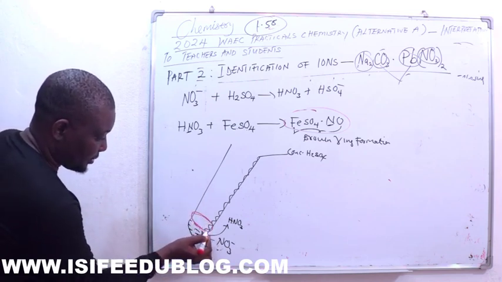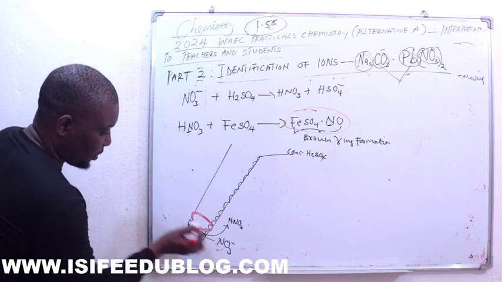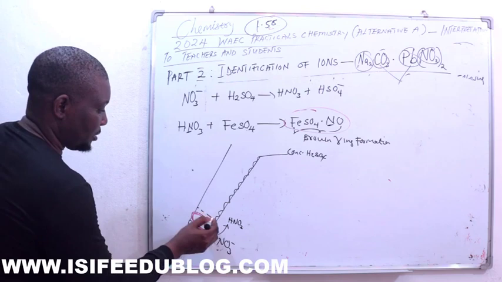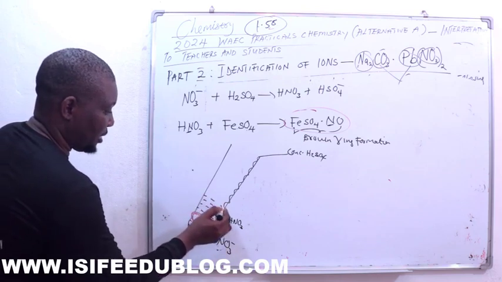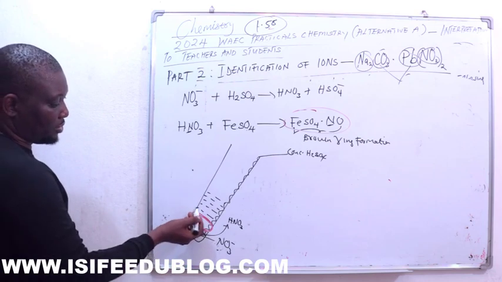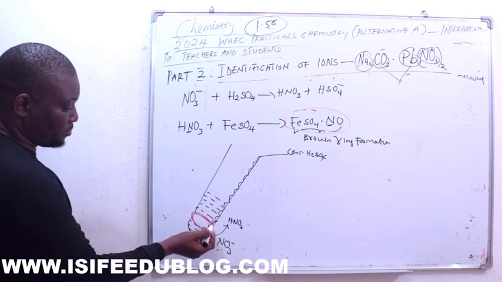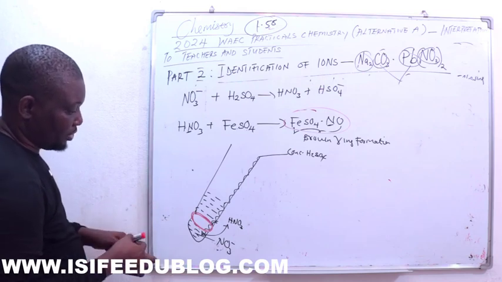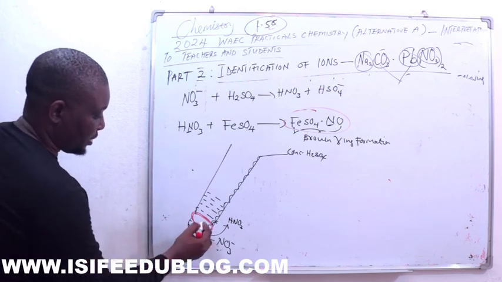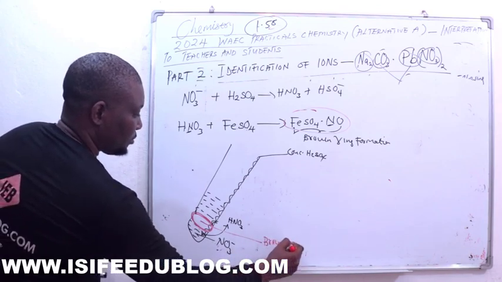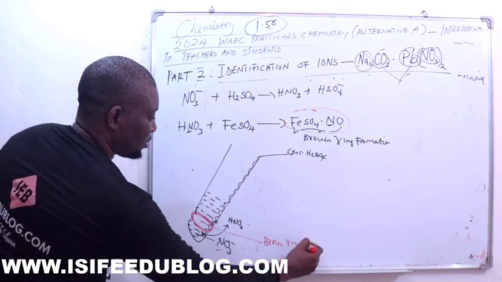Then you will see the freshly prepared iron(II) sulfate separate out like this. Sometimes the brown ring may also affect some parts of the test tube. So this is the brown ring formation.